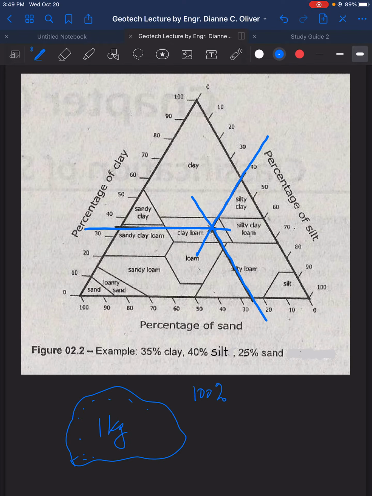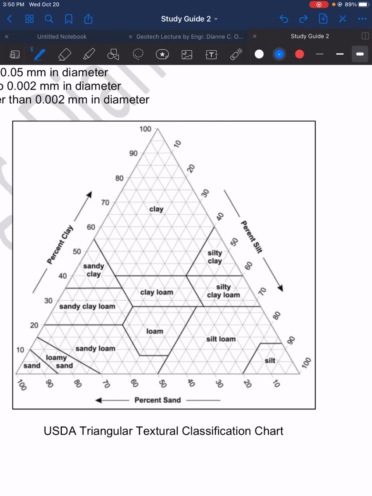So the intersection of the three lines is located here at this portion, and that is pointing to a classification of clay loam. Therefore, the soil taken from the site is classified as a clay loam. So that's how we use this USDA triangular textural classification chart.